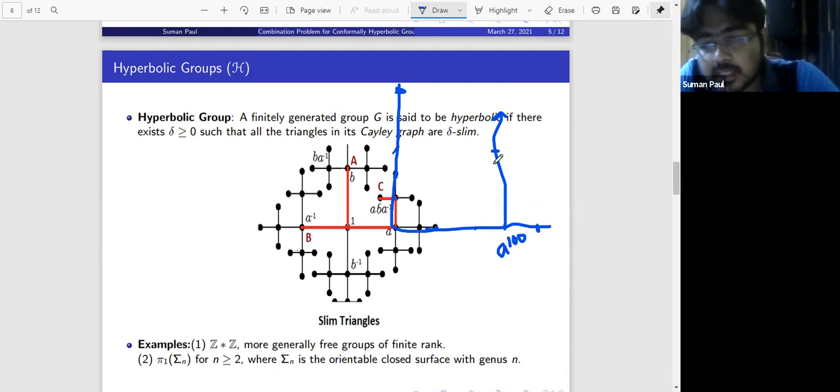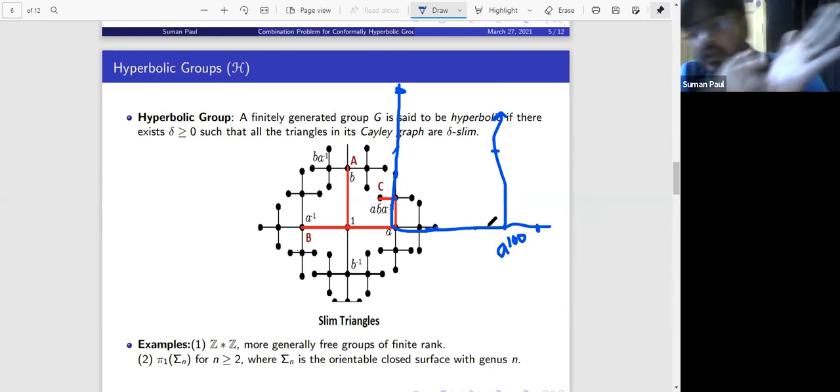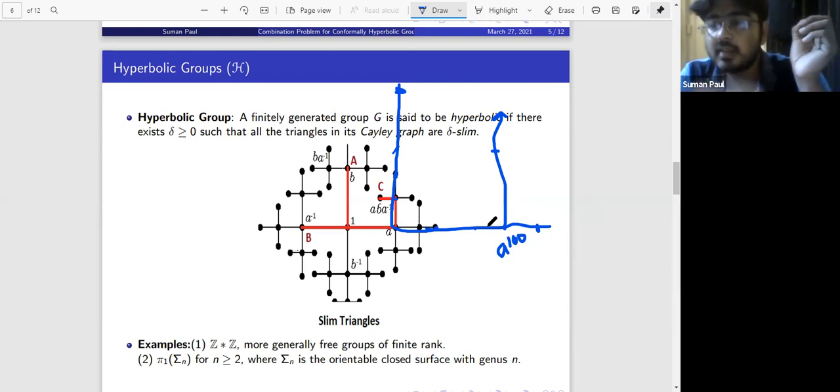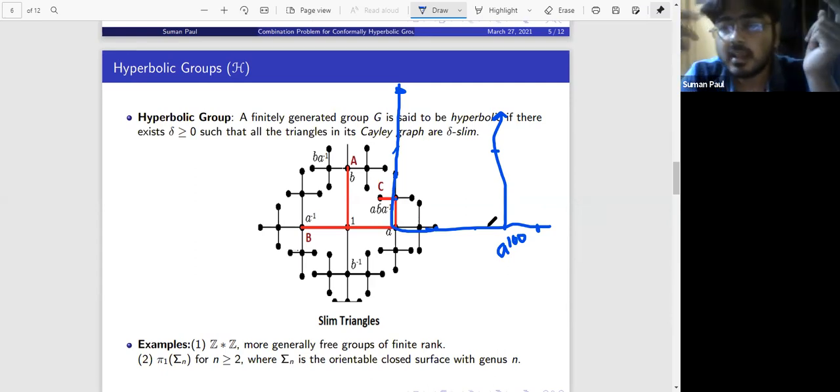Then the Floyd distance between them will be G of 100, because it is 100 distance away from identity. And we know that G of n goes to 0 as n tends to infinity. So if these two geodesic rays part very far from the identity, then the Floyd distance between a point on one geodesic ray and the other geodesic ray is very small.